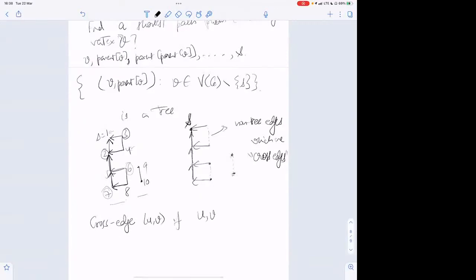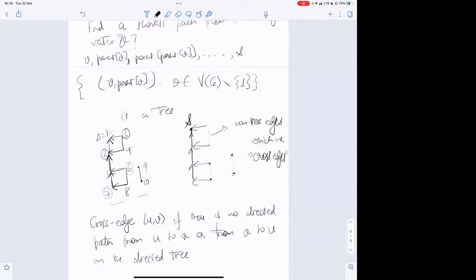There is no directed path from U to V or from V to U in the directed tree. Are you with me? Yes, sir.